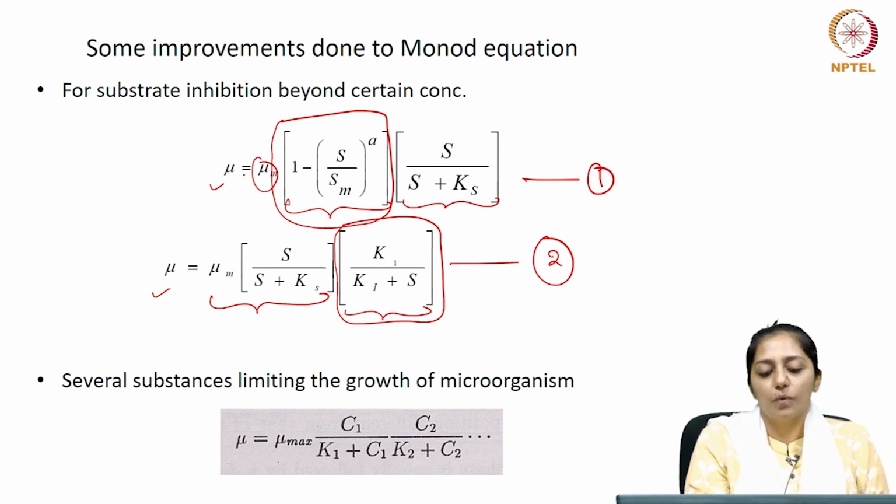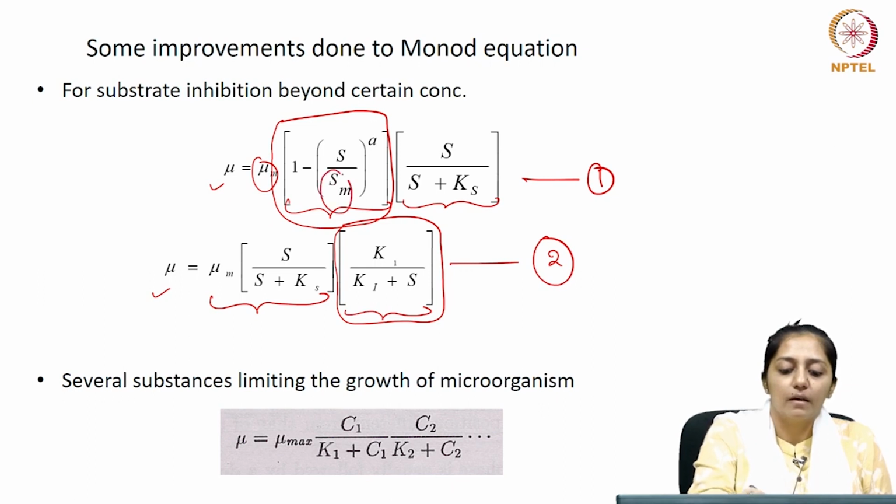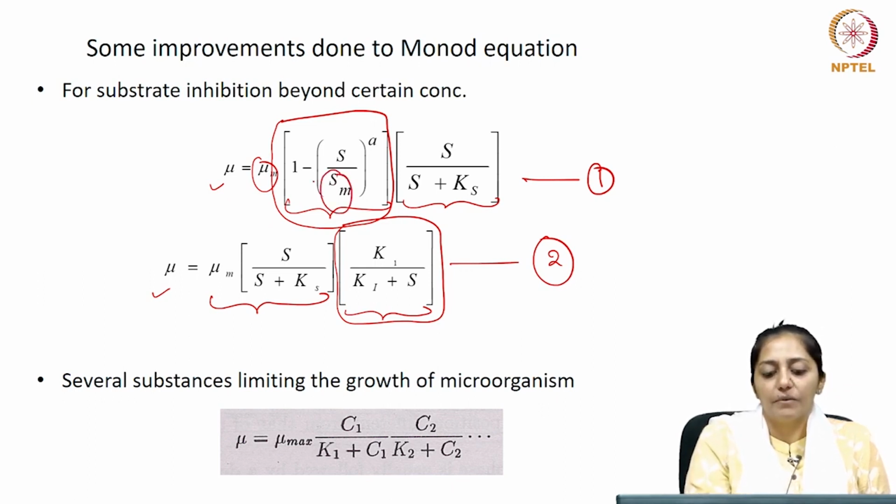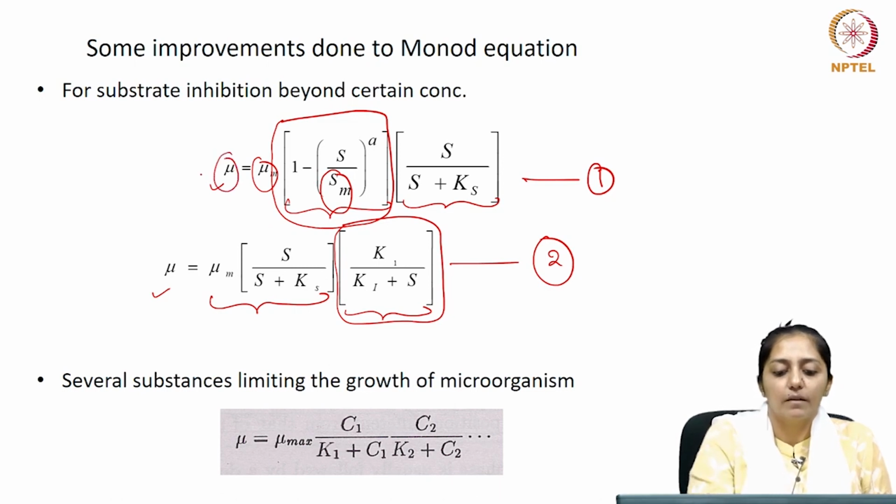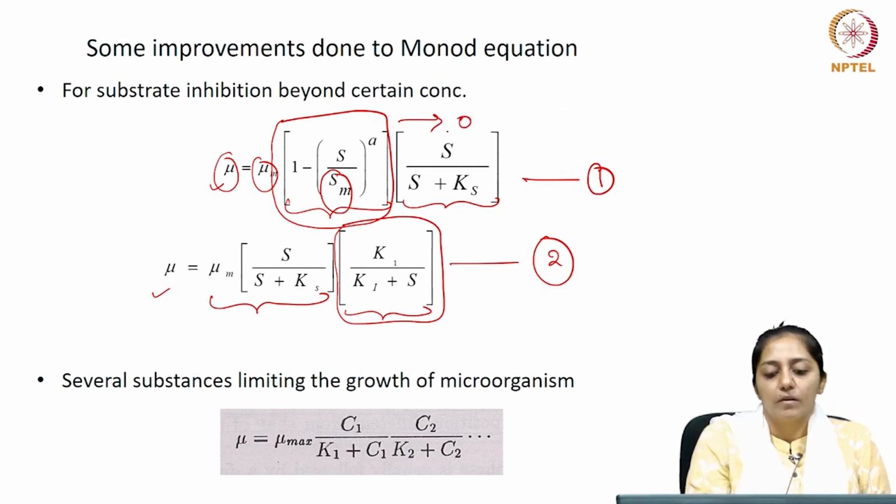Now, the difference between equation 1 and equation 2 is that equation 1 demonstrates a phenomenon where there is a defined substrate concentration called SM, at which the specific growth rate will become nearly equal to 0. To understand this, you can substitute S equal to SM in the equation, and you will find that mu becomes equal to 0.